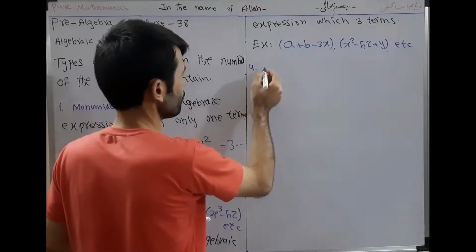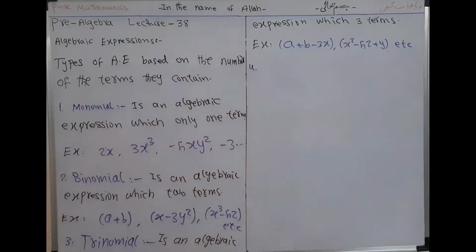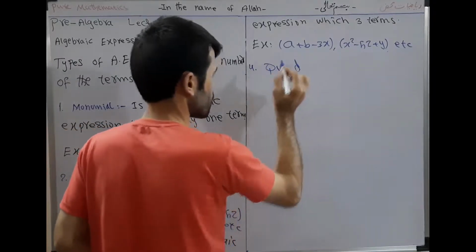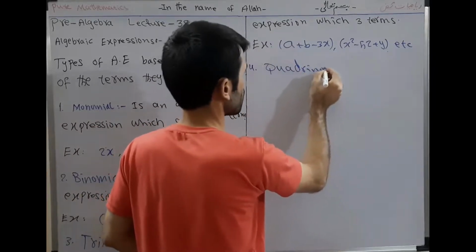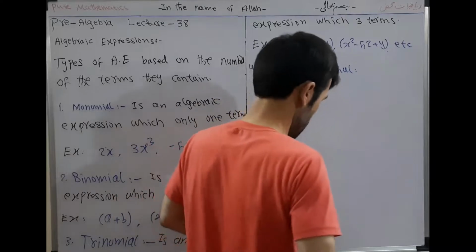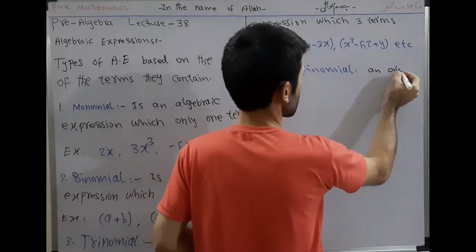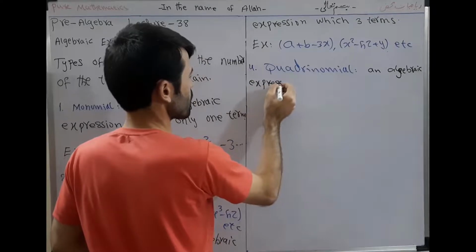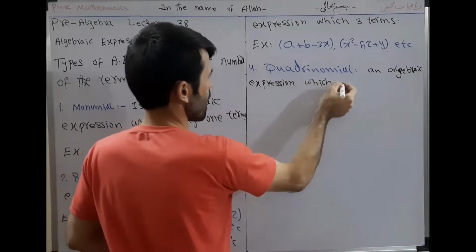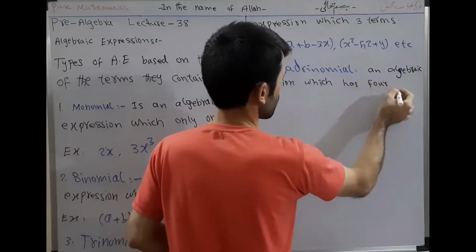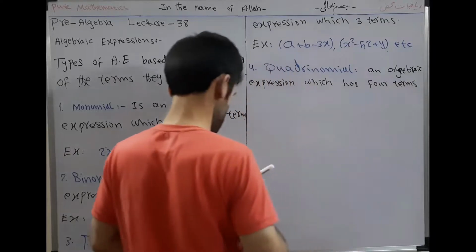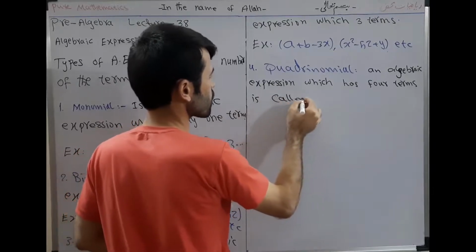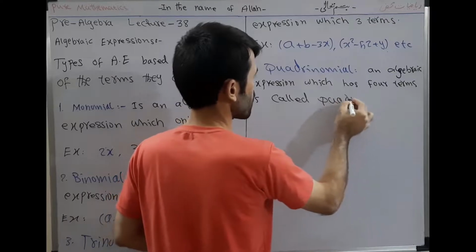Number 4, quadrinomial. An algebraic expression which has four terms is called a quadrinomial.